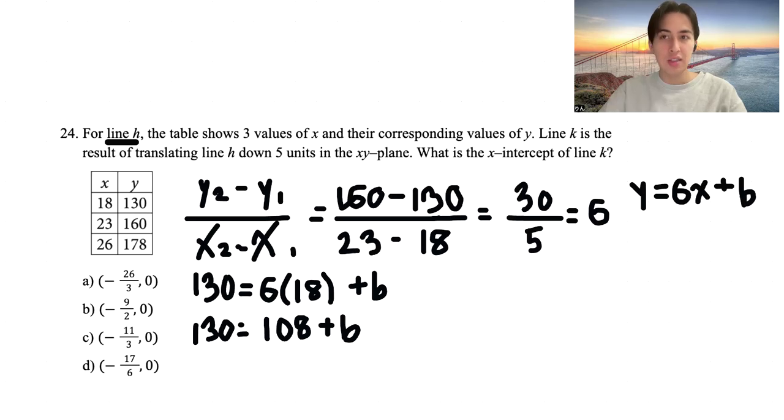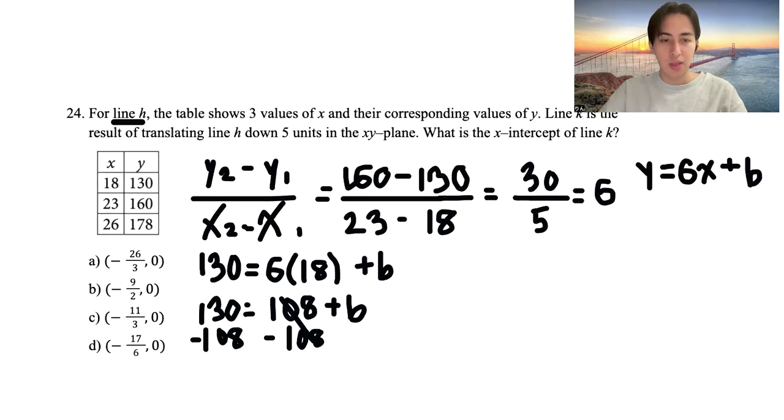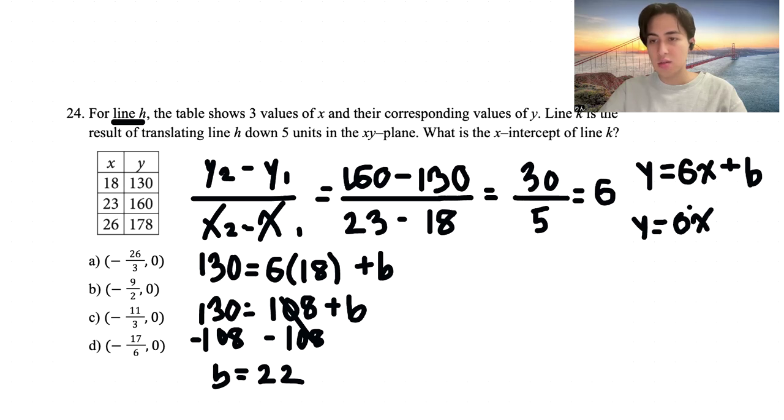Now you want to isolate the b, so you will subtract by 108 on both sides. This will cancel each other out. So that means that b is equal to positive 22. So the equation of line H is y equals 6x plus 22.